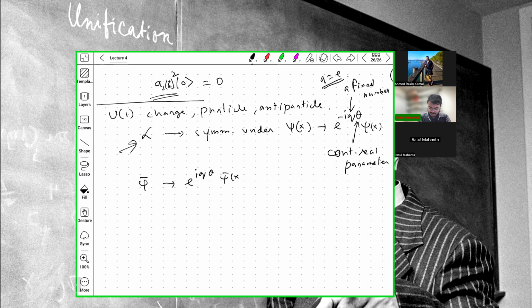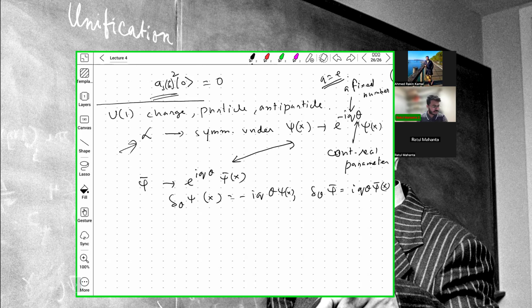You can check they are related, and infinitesimally the field changes by delta psi equals minus i q theta psi and delta psi bar equals i q theta psi bar at each x. And this is a symmetry of the Lagrangian.